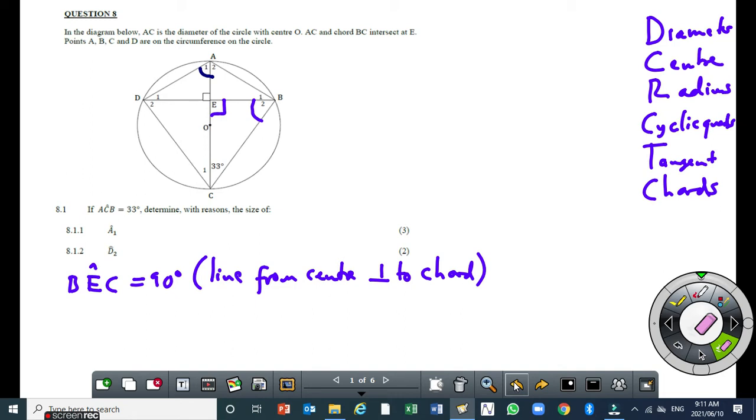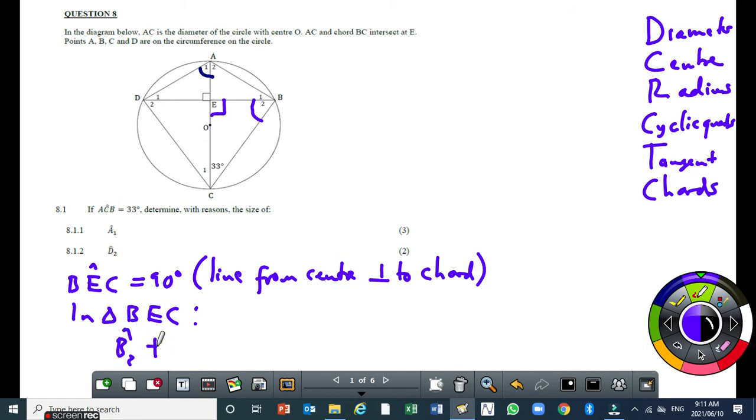Alright, so I've got that. Then I'll say in triangle, well, I'm going to use triangle BEC. So in triangle BEC, B2 plus angle, well, this one here I can call it C2.